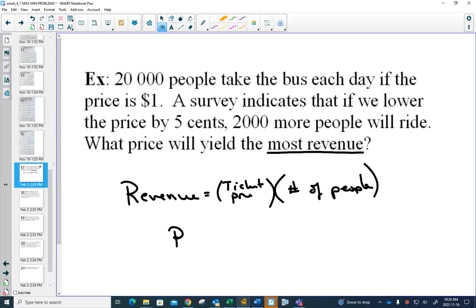And so when we make our equation in algebra, do they give us an initial ticket price? Yes, $1. And then, how many people will take the bus? Initially, 20,000. So if we kept it at $1, the city would bring in $20,000.